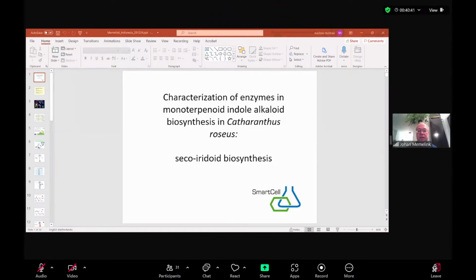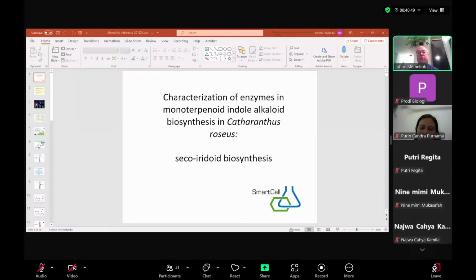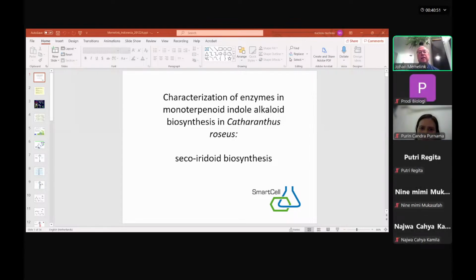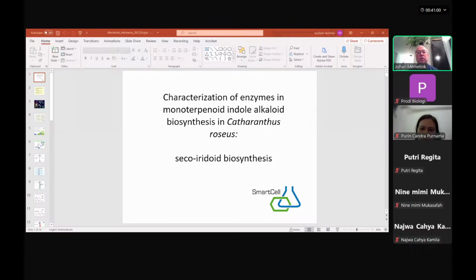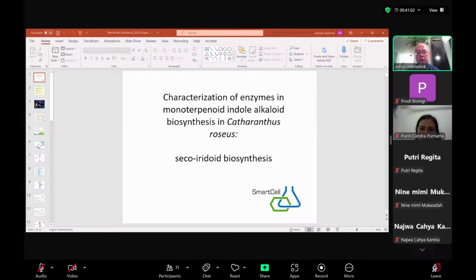They have important ecological roles in defense and communication with other organisms. And for the alkaloids in my plant of study, the Catharanthus, several of these alkaloids are also valuable as pharmaceuticals for humans.